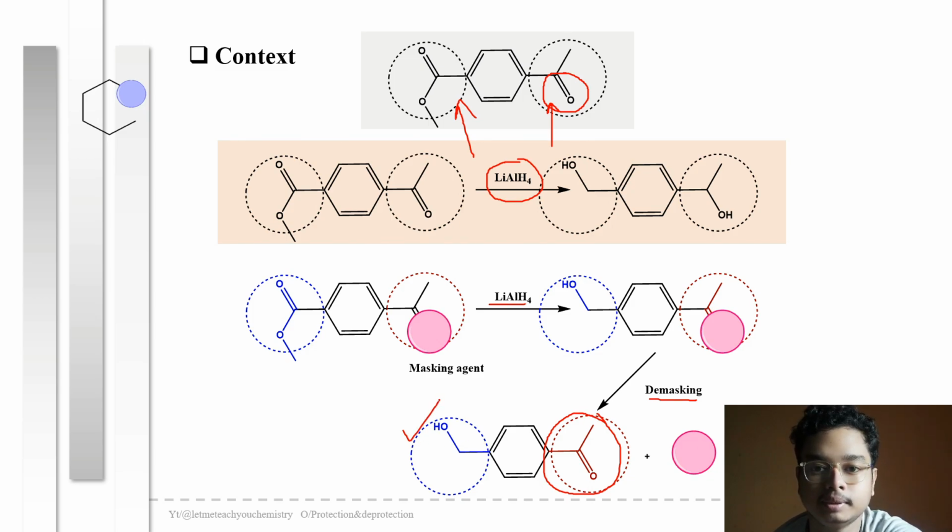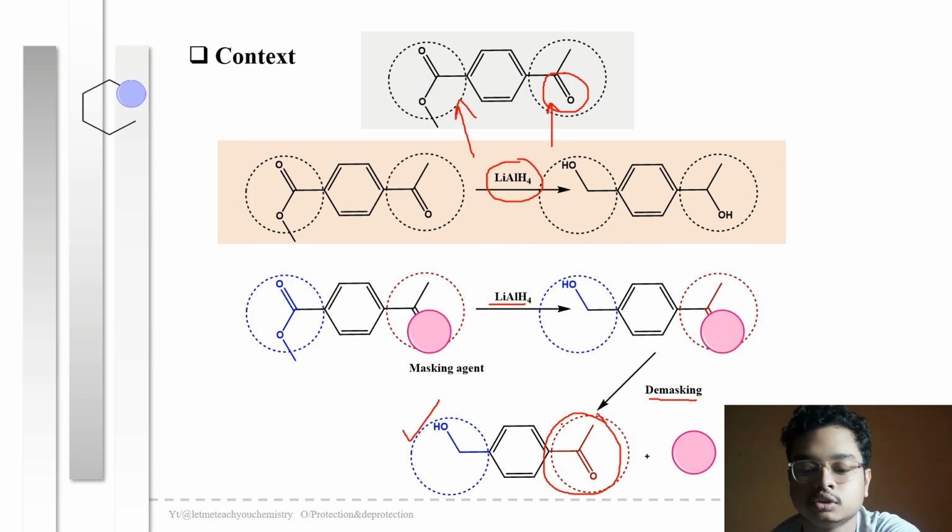This method is useful when you don't have the suitable reagent, but you have to get your job done. The main disadvantage of this process is that you have to go for a multi-step synthesis, but it is very useful and handy for the people who are working in the lab.